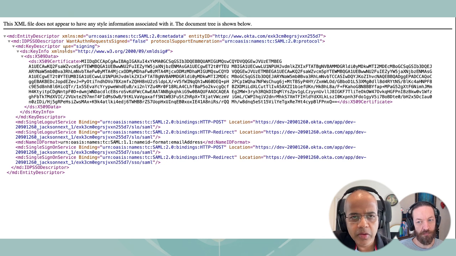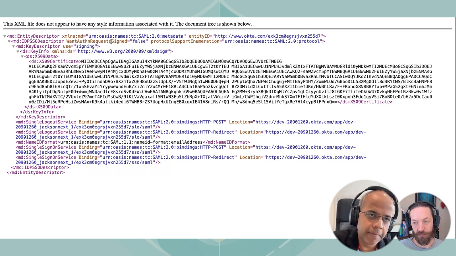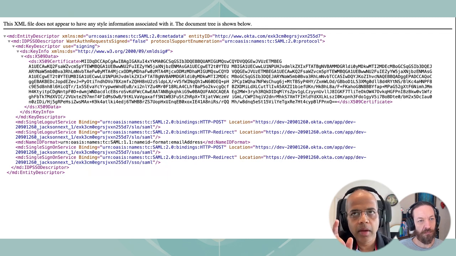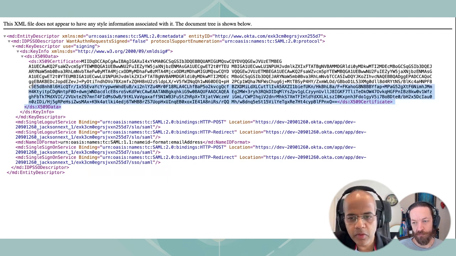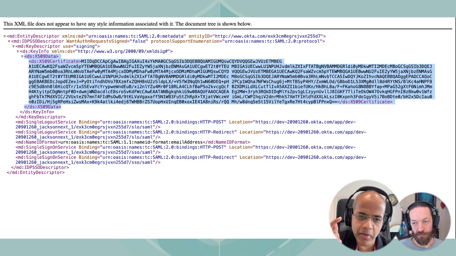It contains a bunch of metadata around whether authentication requests are necessarily signed from our side. Then there's the signing key, which we use to verify that eventually the SAML response, once you log in on Okta side, is authenticated against this certificate. So we know it's coming from Okta as originally advertised.